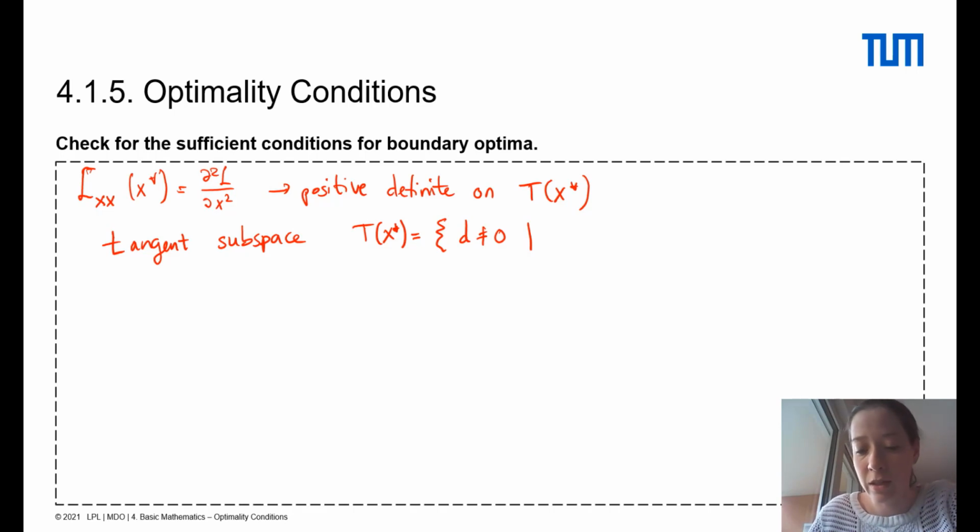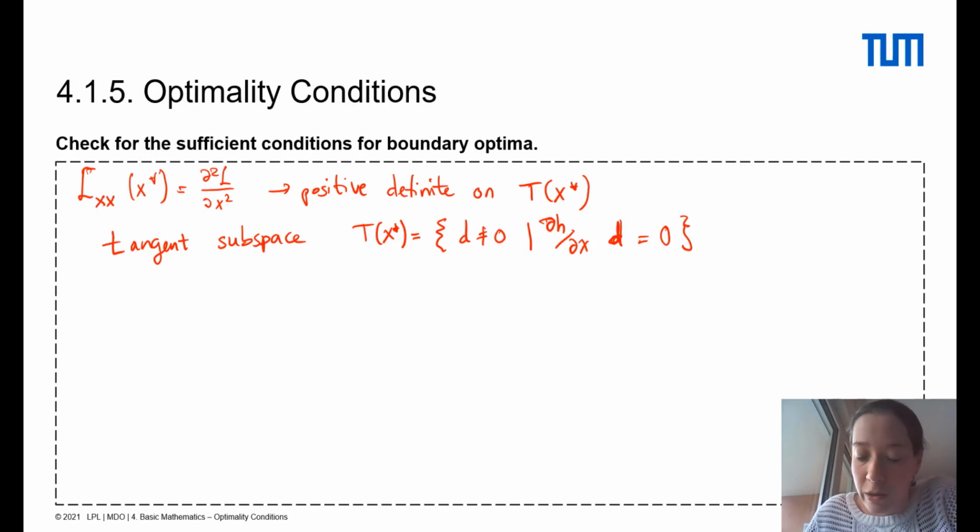And in case when we just have an equality constraint, dh over dx times d has to be 0, so the dot product. So d has to be orthogonal on the subspace, and also by the active inequality constraints, but we don't have those here.